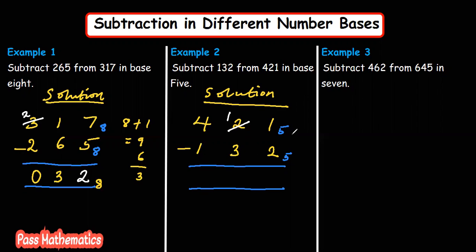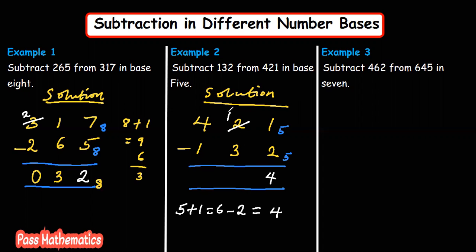When we do that borrowing, we add that 1 to the base, which is going to be 6, and then we say 6 minus 2, which is going to give us what now? So it should be 2 because we have 2 here. So we are going to have 4 as our answer. So we write down the 4 and then we go to the next one.